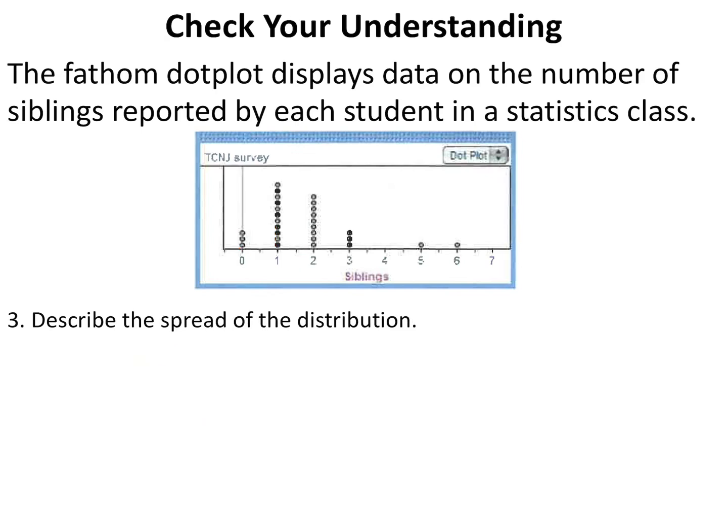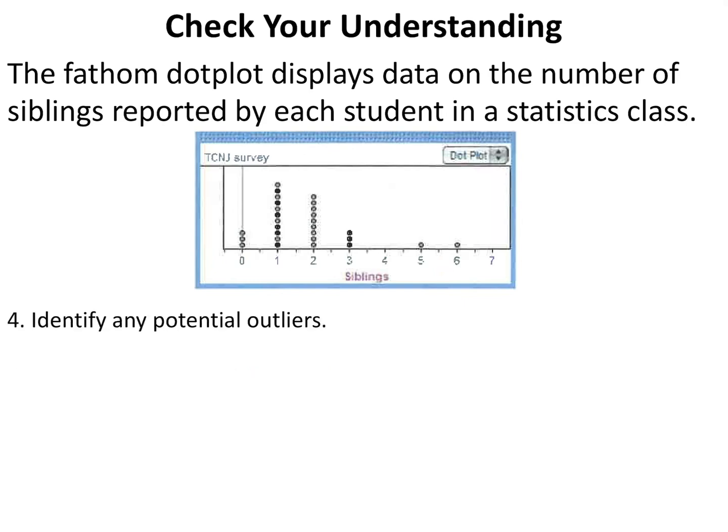To describe the spread of the distribution, we can look at range. And remember, range is the largest value minus the smallest value. And 6 minus 0 is 6 siblings as the range.